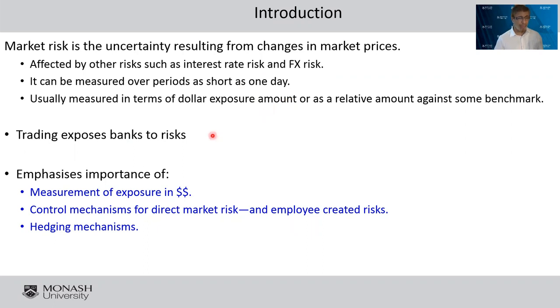As we know, market risk comes because we are trading, and if we are trading, we are exposed to risks. Now, as I said, the measurement of market risk comes in dollars, and we have to provide a control mechanism for market risk, including the employees' credit risk. Now, somebody would ask, who are the employees? Employees actually are the traders. And we have seen so many banks collapse because of the mistakes of the employees, which we call traders, especially when it comes to derivatives.